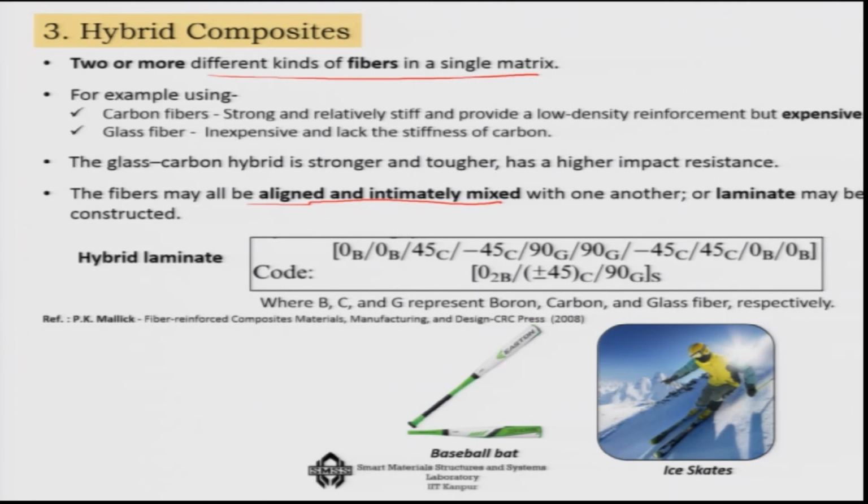You can see an example of a hybrid fiber composite here, where you are using boron fiber, carbon fiber, glass fiber, all of them together. Many applications are now coming up in which we use the hybrid composite, which is invariably more expensive and more difficult to fabricate.